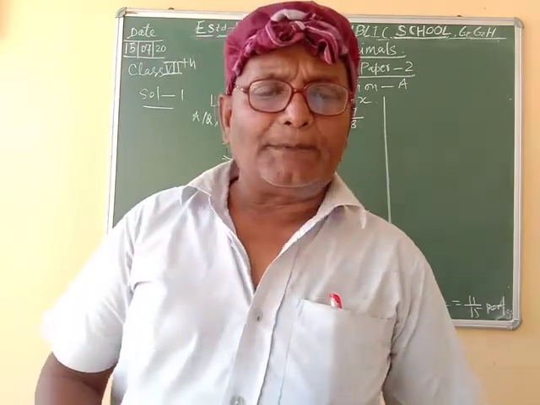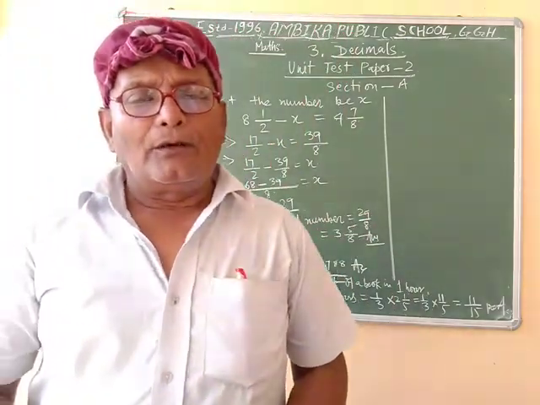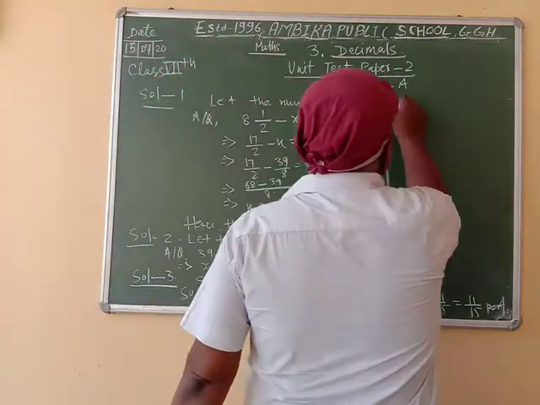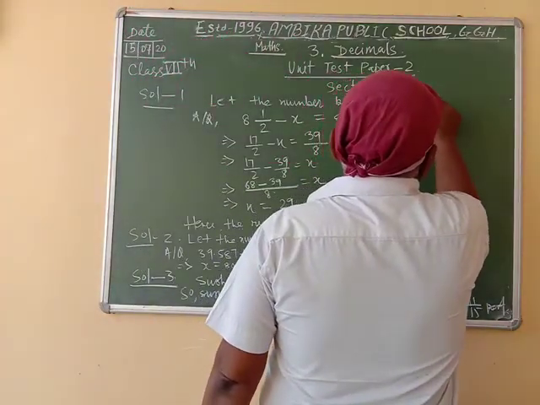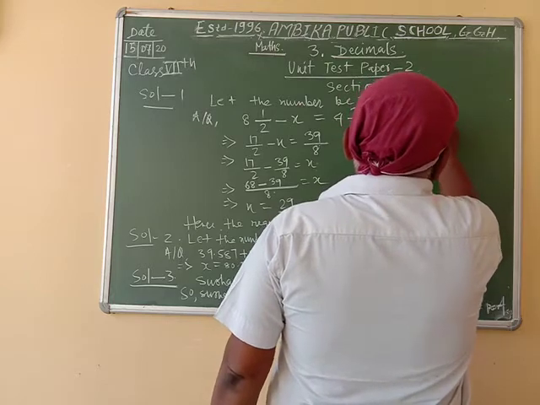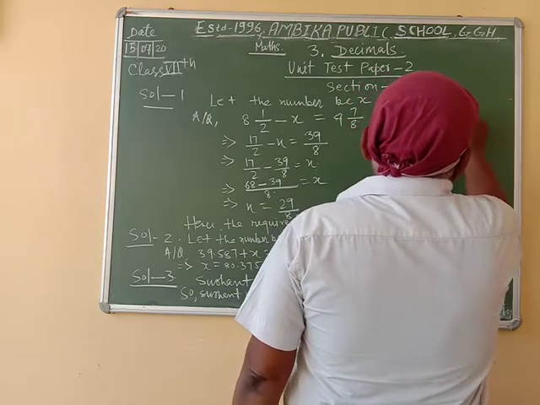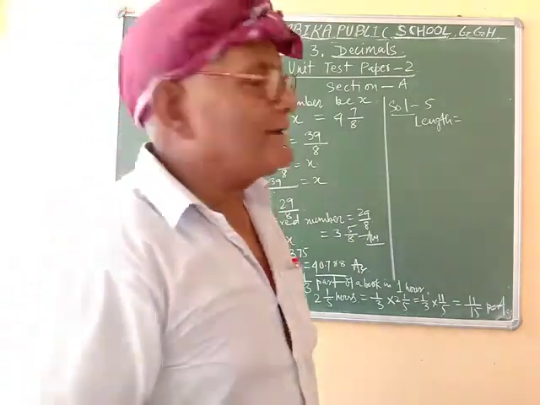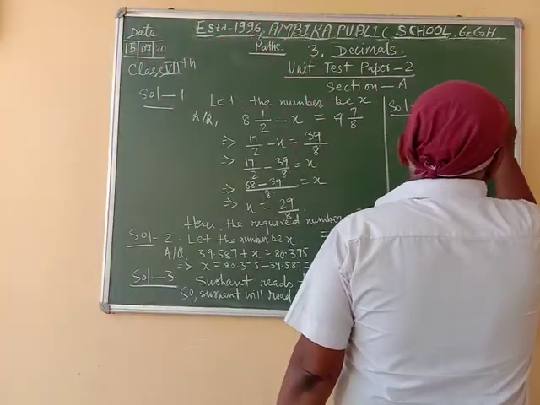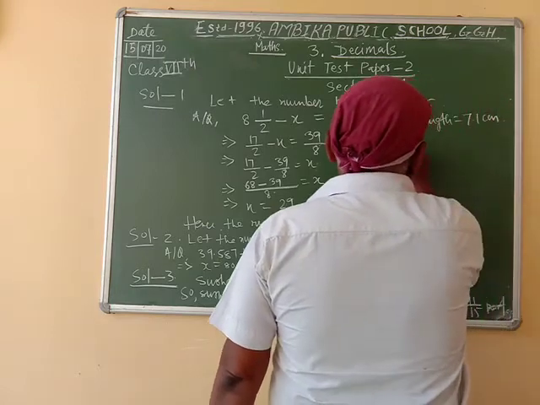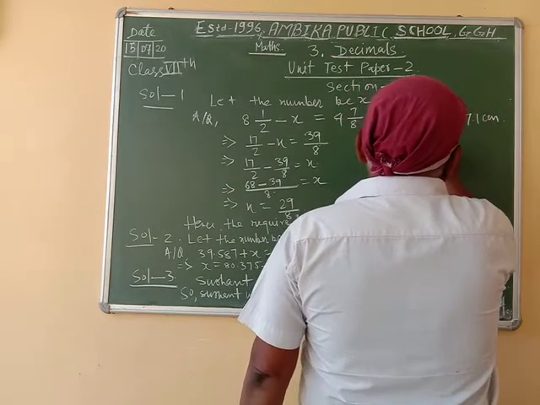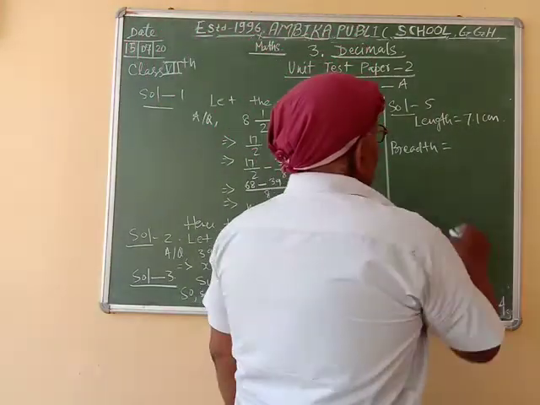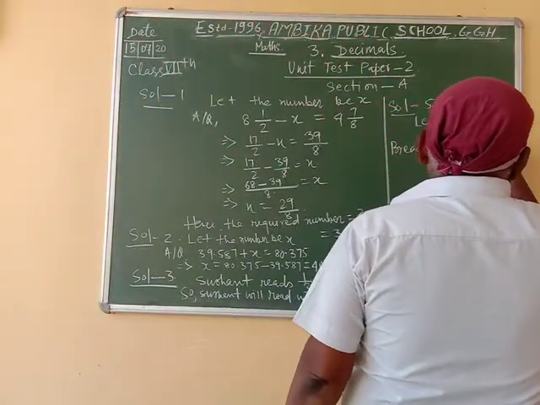So if we multiply length by breadth, we will get the area of the rectangle. In solution 5, length is 7.1 centimeter and the breadth is given as 2.5 centimeter.